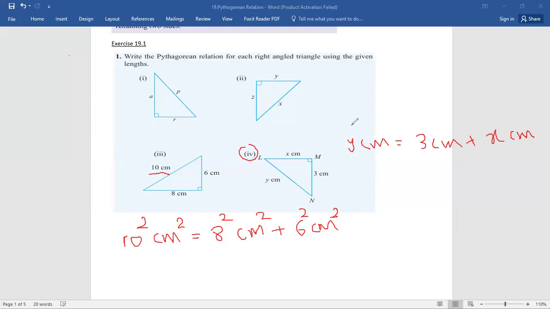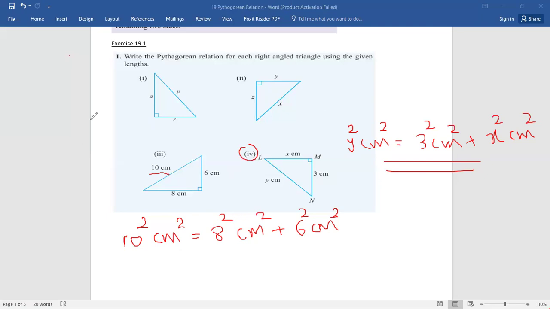So you have to get the square of each and every term. That means y square centimeters equals 3 square centimeters plus x square centimeters. So you have to write like this. So these are the full answers. Centimeter to the power 2 is needed, right? That is essential, that is important.